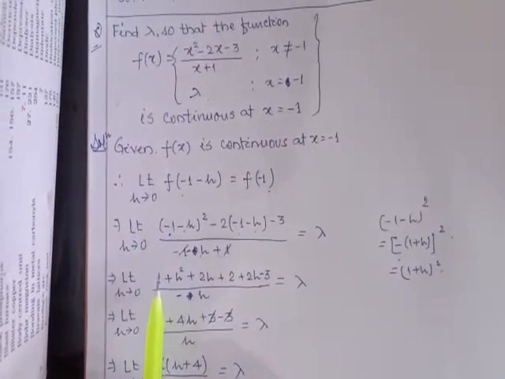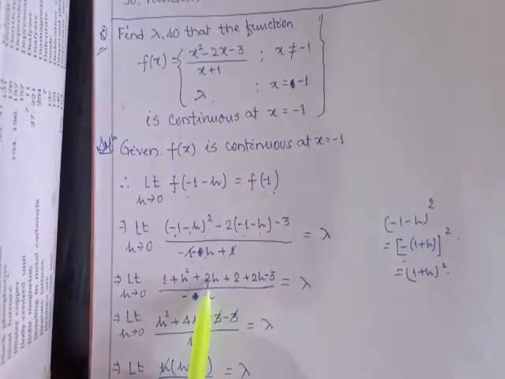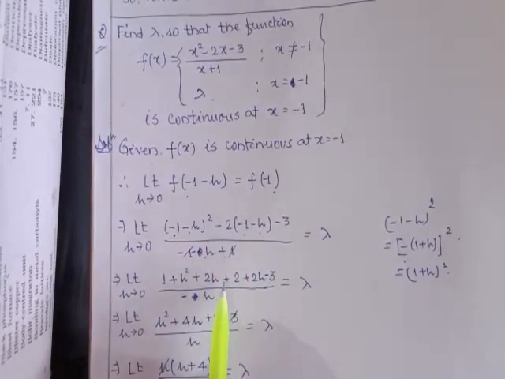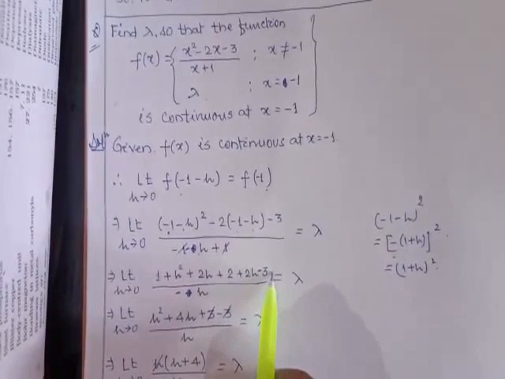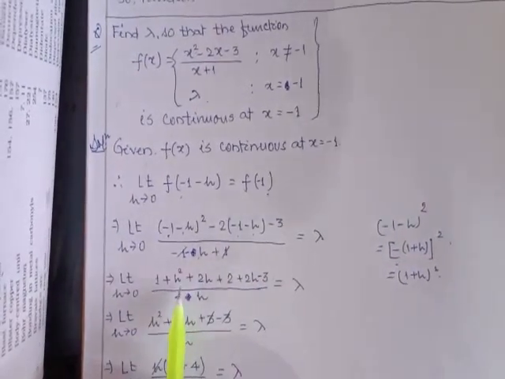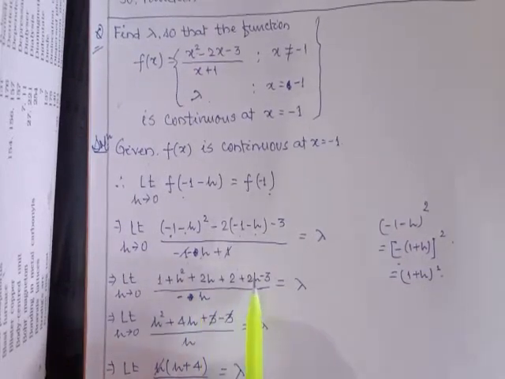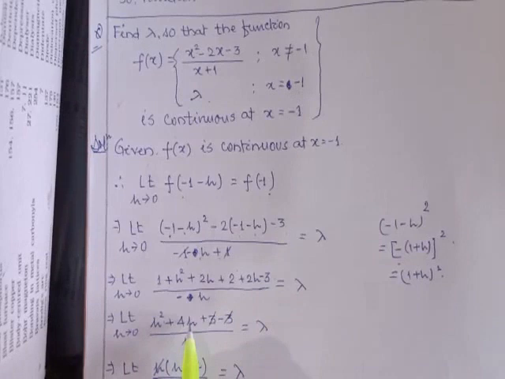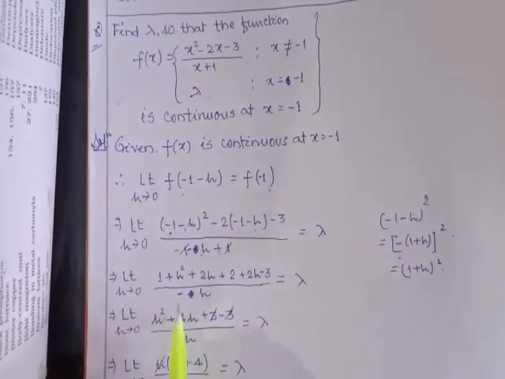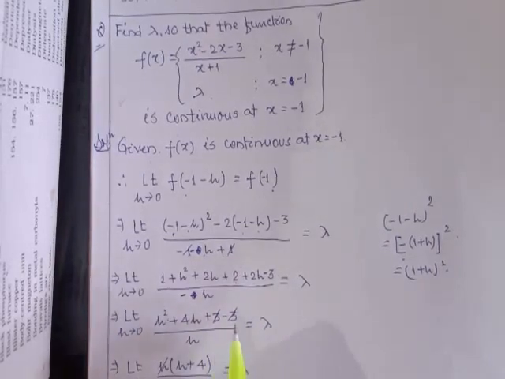Now here apply the formula of 1 plus h whole square, which is a square plus b square plus 2ab, and open this bracket, minus 2 plus 2h minus 3. So now simplify it: h square plus 2h and 2 plus 2h, this becomes 4h, h square plus 4h, 1 plus 2 is 3 minus 3.